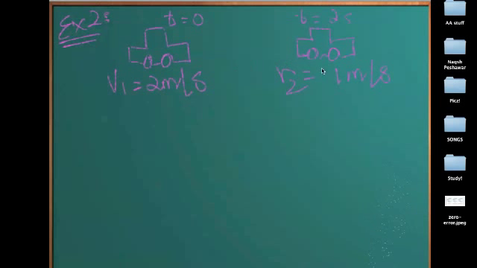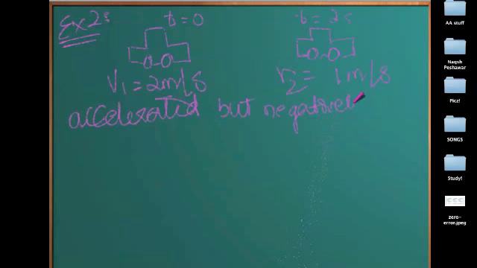Now the velocity has decreased, but a decrease is again a change. There is a change in the velocity. It's not the same anymore. It's not 2 meters per second here. So per unit time, it has again accelerated, but negatively. Or you can say, since the car has decreased its speed from one point to the other, it has decelerated.